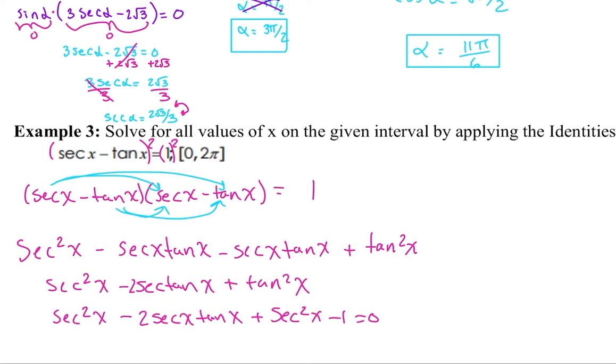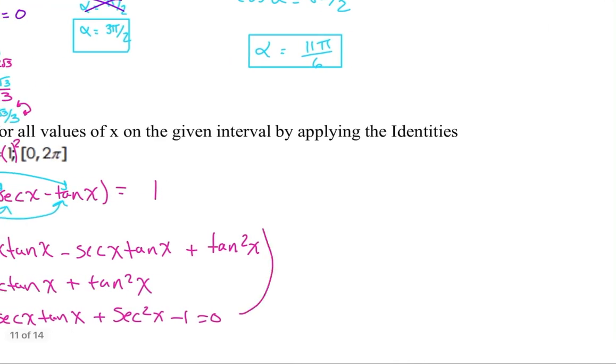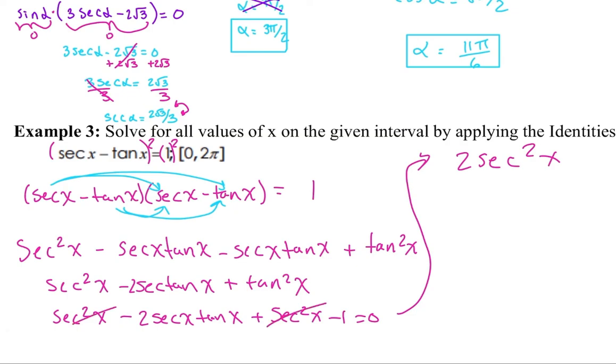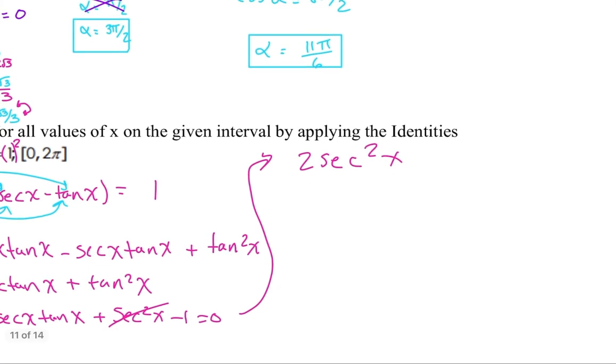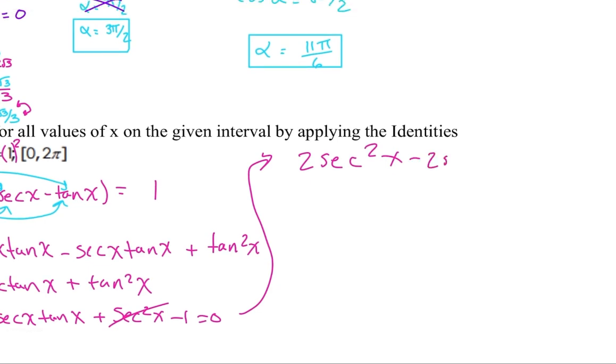So while I'm getting closer, right, I've got a lot of secants going on here. Things are getting better. I can combine those first two secants together to make 2 secant squared. Bring this over here. So it becomes 2 secant squared of x. That's the 2 secant squareds right here and right here. Minus 2 secant tangent.